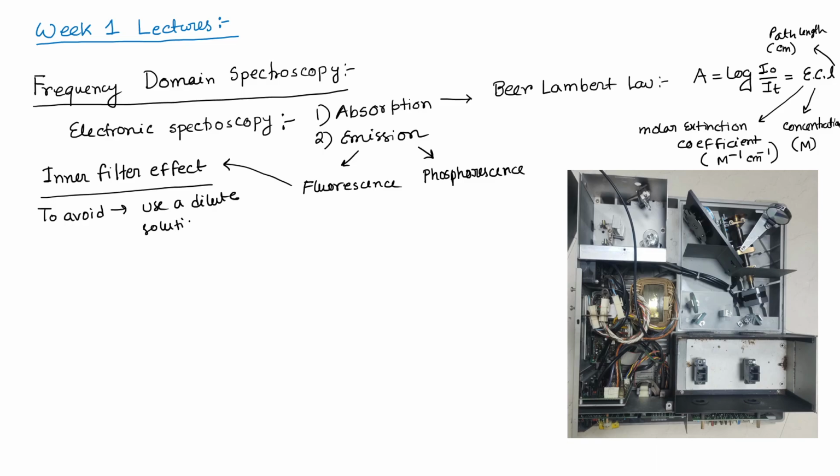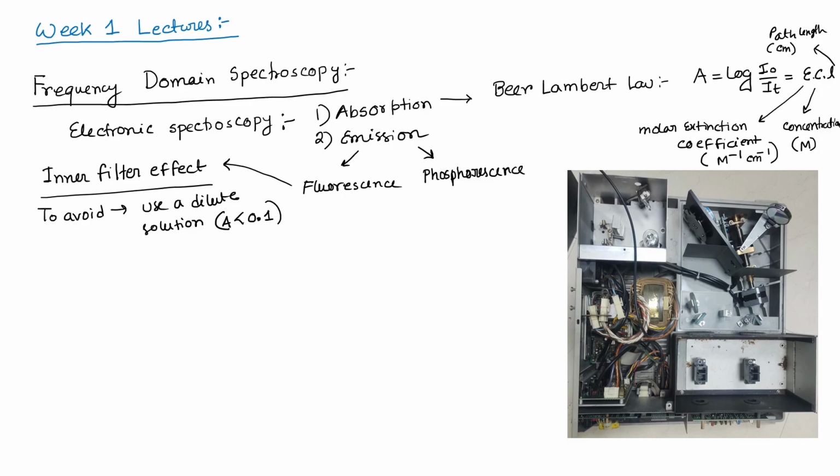How dilute? The absorbance should be less than 0.1. Even in some cases of very highly emissive samples, it can be even lesser than that. I will not go into the depth of inner filter effect. That is a part of a different course.